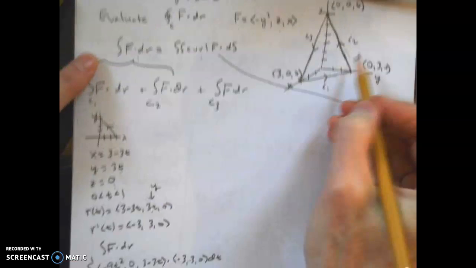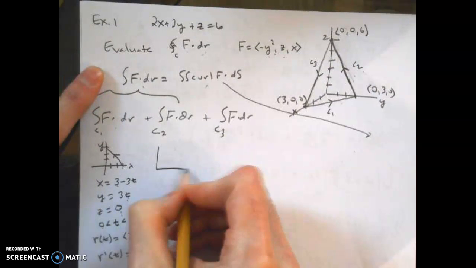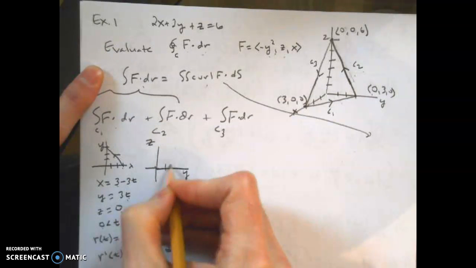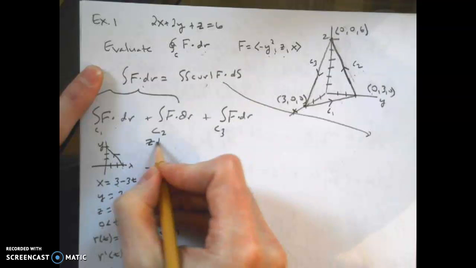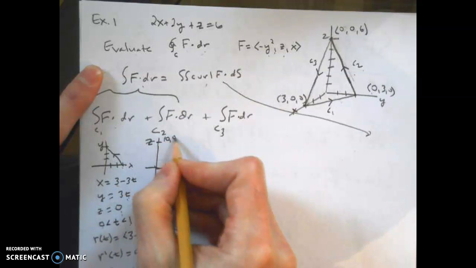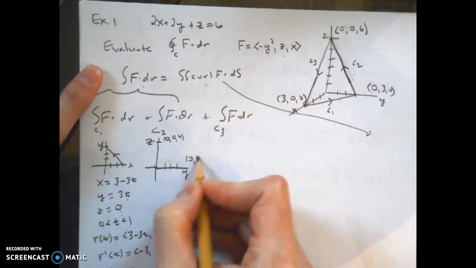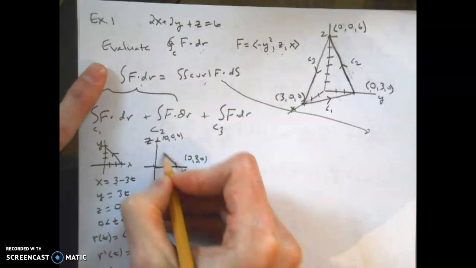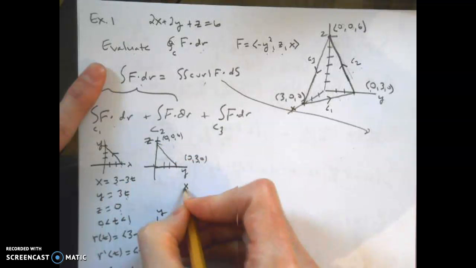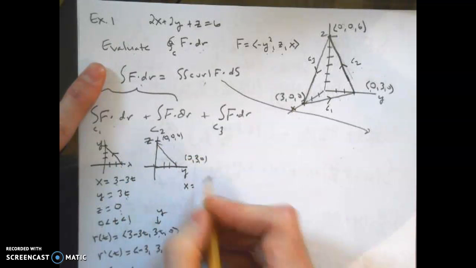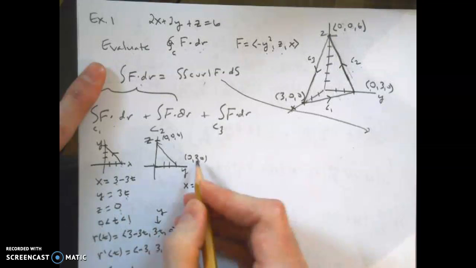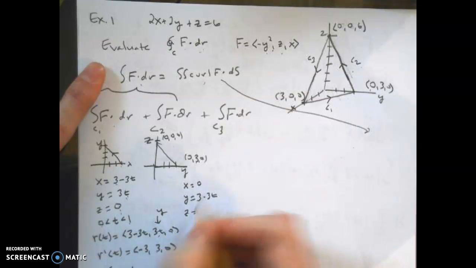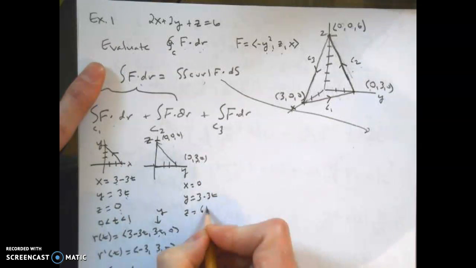Okay, so let's go to the second curve. The second curve is C2 over here, so now I'm going to draw the YZ plane. On the y-axis we're at 3, on the z-axis we're at 6, so this is 0, 0, 6, and this is 0, 3, 0. I'm going from here to here, so x equals 0, y equals 3 minus 3t, z equals 0 plus 6t.